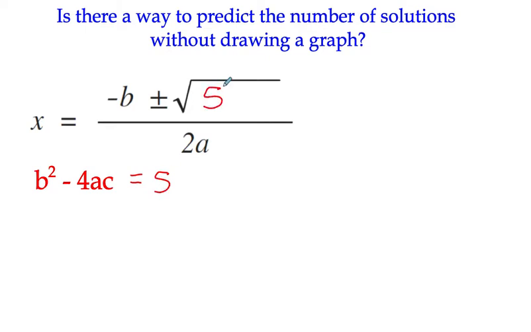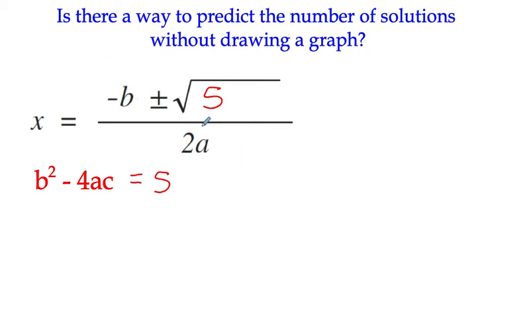Well, the square root of 5 is going to be somewhere just between 2 and 3, but it is a positive number. In other words, we'll be able to subtract 2 and a bit from negative b, and we'll be able to add 2 and a bit to negative b, and we'll have two solutions.